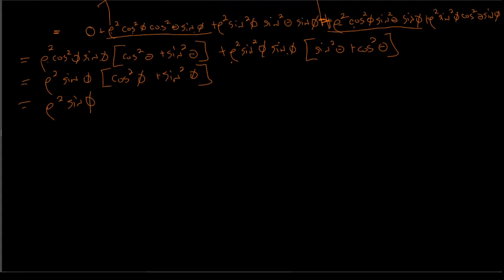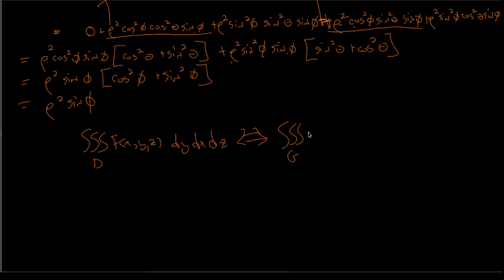In fact, if I want to transform from Cartesian coordinates over some D, dy, dx, dz, sorry, got my order a little bit off, to that region in spherical coordinates, then it's some h of rho, phi, and theta, times rho squared sine phi, d rho, d phi, d theta, which we worked out earlier when we were doing our integration in spherical coordinates.